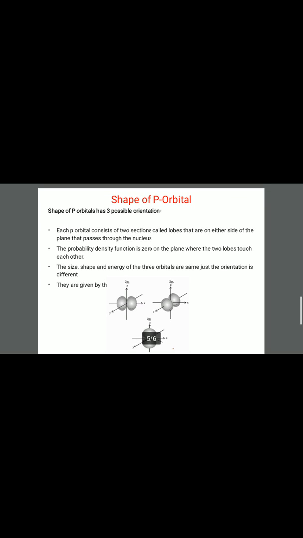Now, shape of p orbital. p orbital has three possible orientations. Each p orbital consists of two sections called lobes that are on either side of the plane that passes through the nucleus.